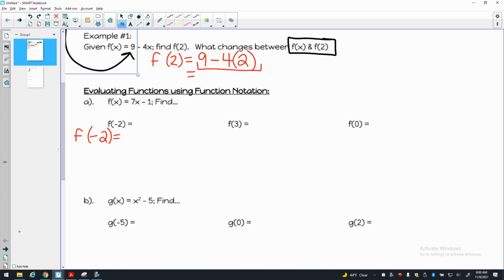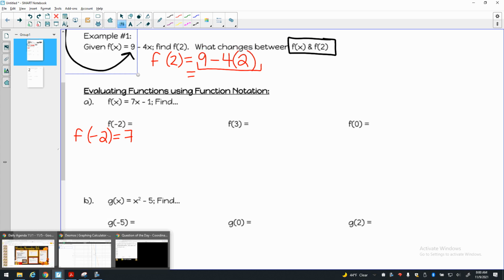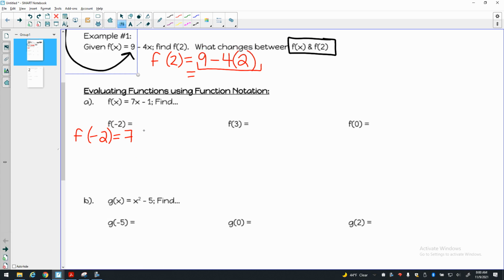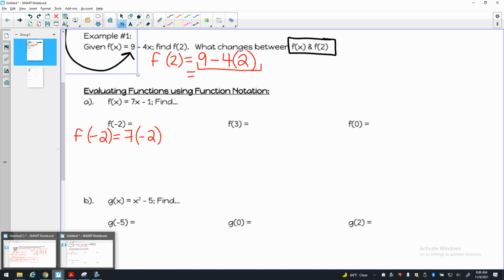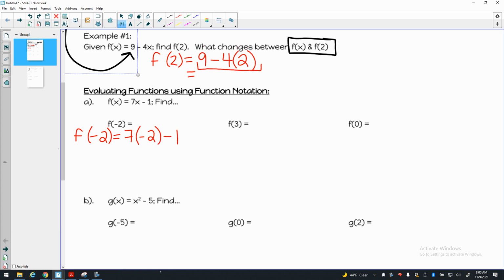So, 7, keep or change? 7, keep. X change to what? Negative 2 in parentheses. Negative 1, keep or change? Keep. Now what are you guys going to do? Put it straight in the decimals, right? Either put the line in or plug it in like that. I don't care.